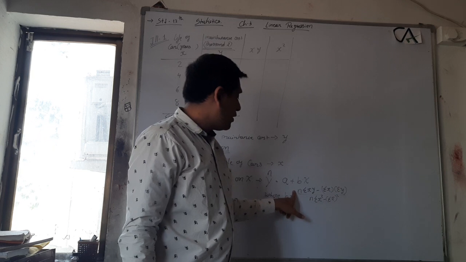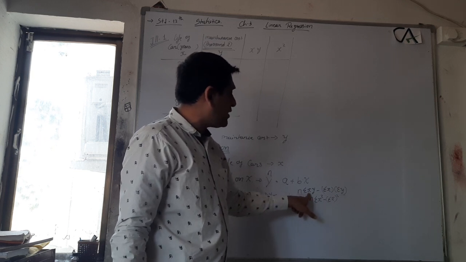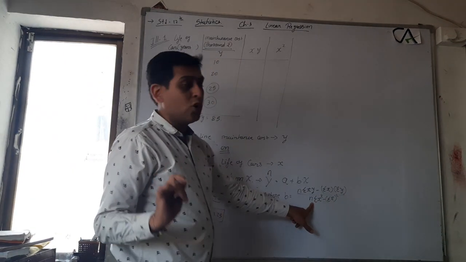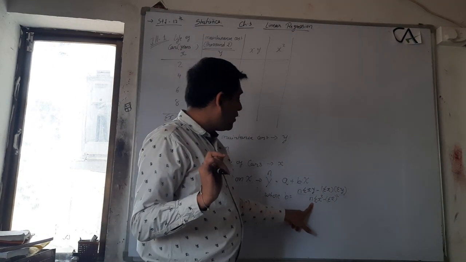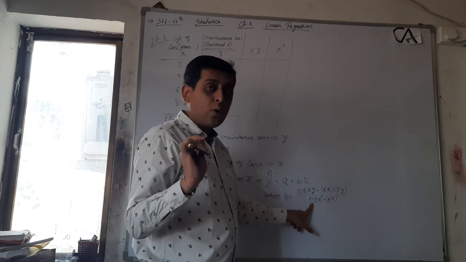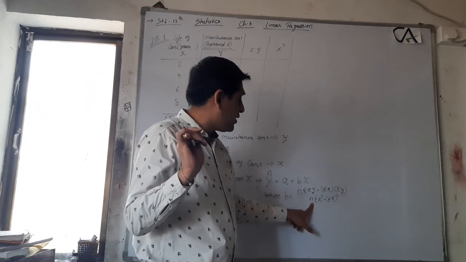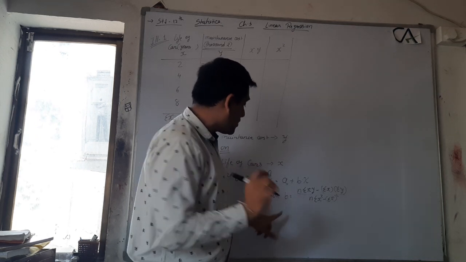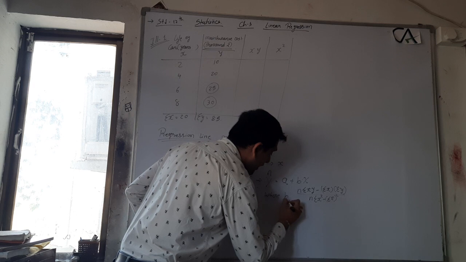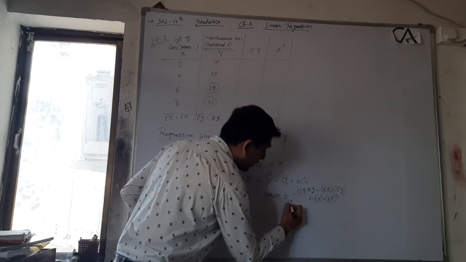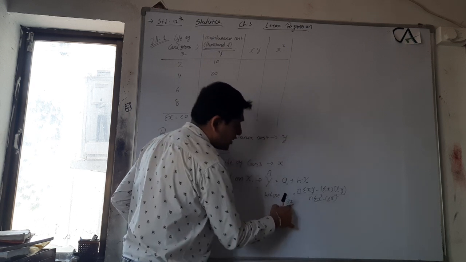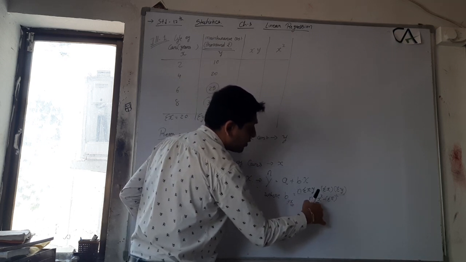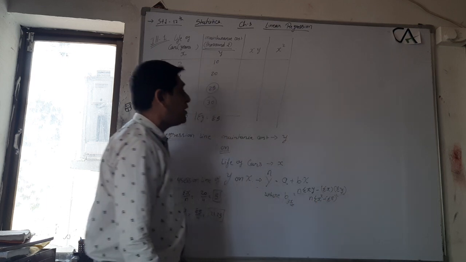Here also byx is equal to n sigma xy minus sigma x sigma y. Numerator is common, but the denominator is changed. Here no square root and no sigma y square and sigma y. Here only byx, with x in the denominator: n sigma x square minus sigma x whole square.